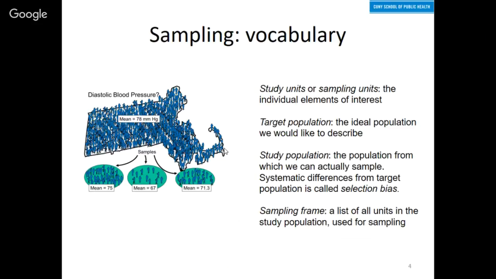If you take a sample that does not involve a sampling frame, then it's probably not a random sample. For example, if we were doing random number dialing, the sampling frame is all possible phone numbers. If you're standing in front of a mall and questioning people who come out of it, you don't really have a sampling frame. It's not a random sample.